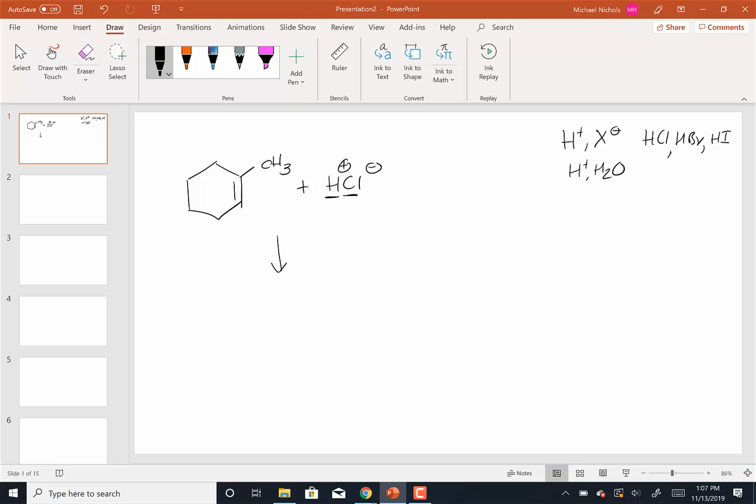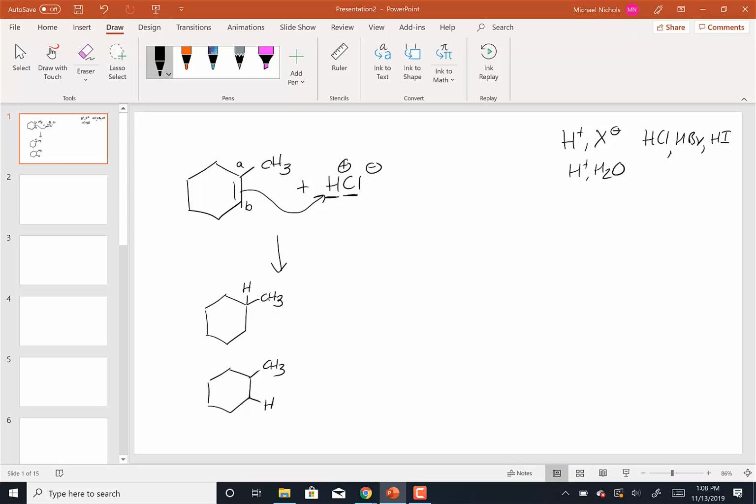So here's what's going to happen. I'm going to take this double bond. Let's call this carbon A and B. So I have 2 possibilities here. I can take this double bond and bond it to H plus. I could attach the hydrogen to carbon A, or I could attach the hydrogen to carbon B. And then what happens to the other carbon that was in the double bond?